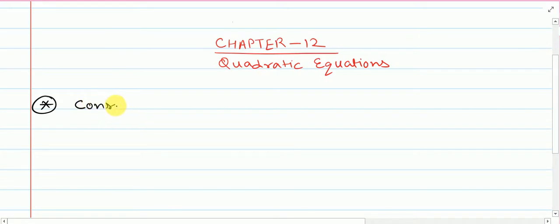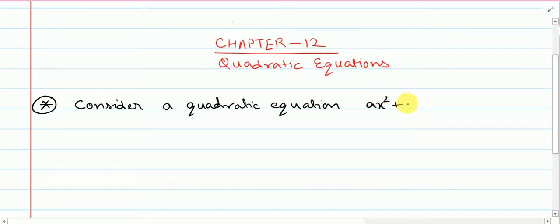Consider a quadratic equation ax square plus bx plus c equal to 0, where a is not equal to 0.